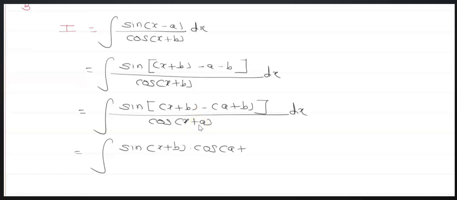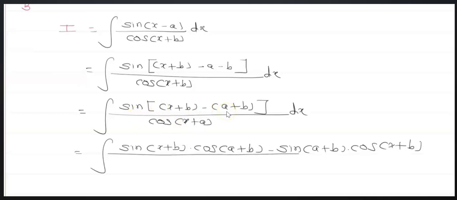I will adjust here. Now expand this sin of x plus b minus a plus b. Here is a cos of, change this angle x plus b cos of x plus b.